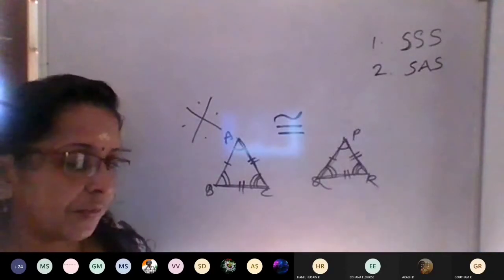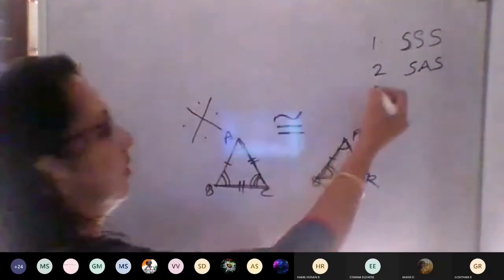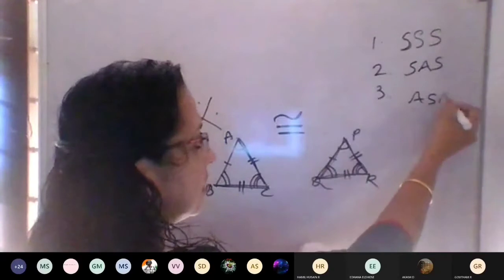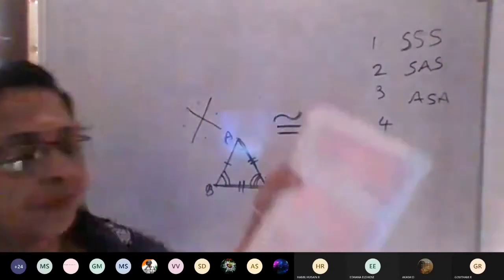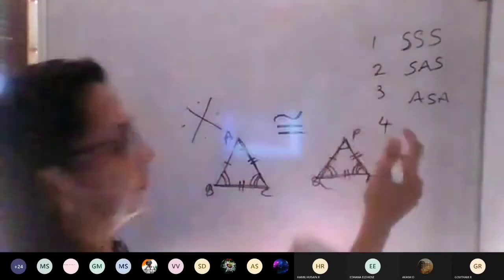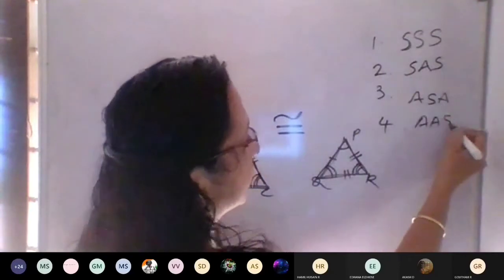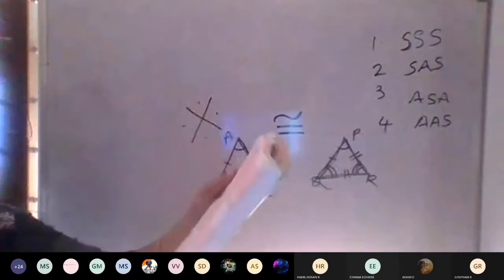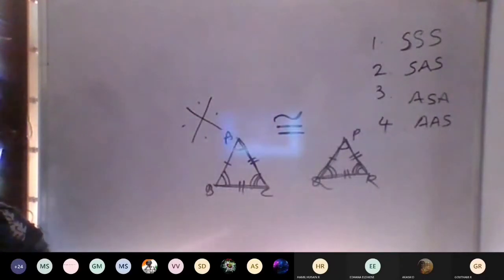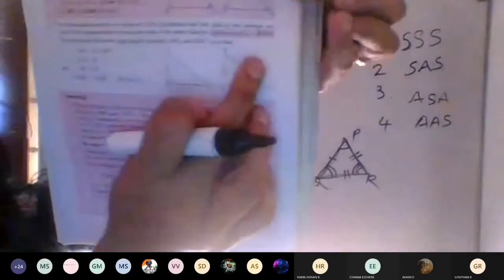Then turn your page here. ASA. Next page, third one, ASA. Then fourth one, AAS. Then fifth one, RHS.